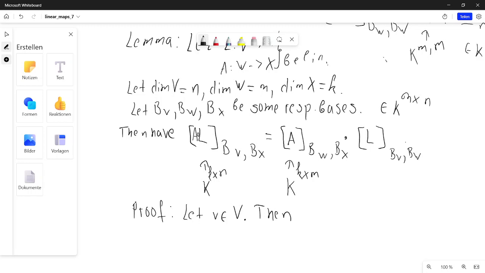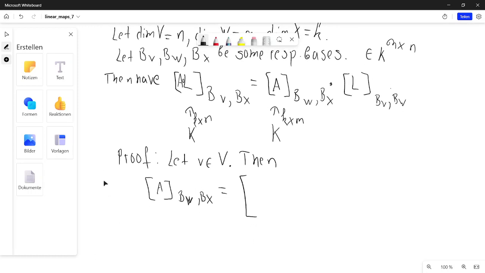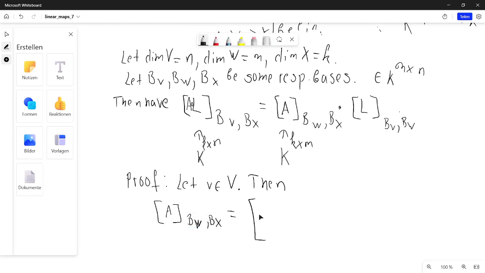Then A, B_W, B_X is equal to, well, just take a basis. Of course, we should take a basis, but let's call the elements just in a suggestive way, then we can avoid it.